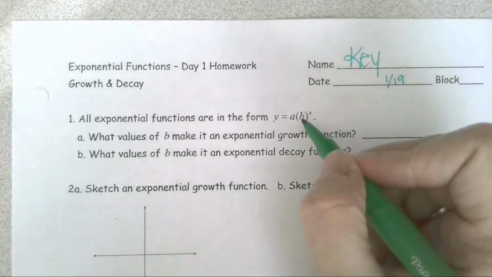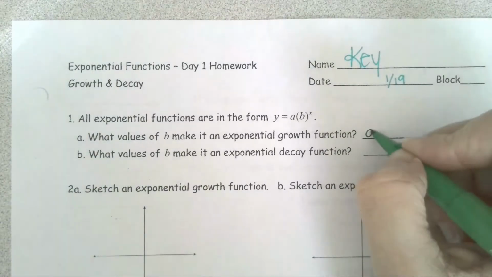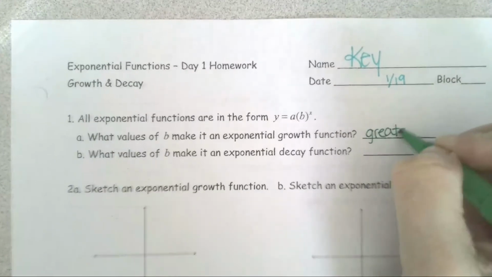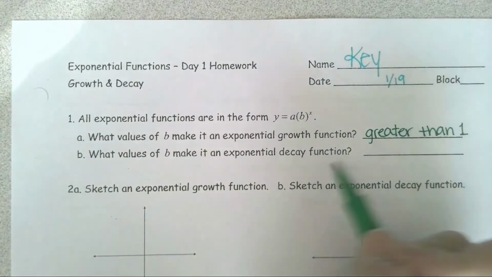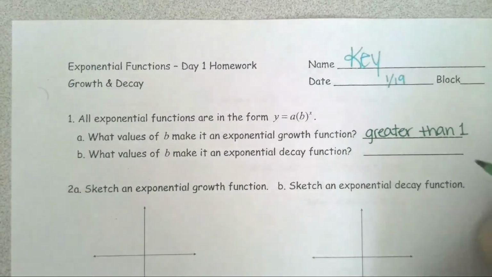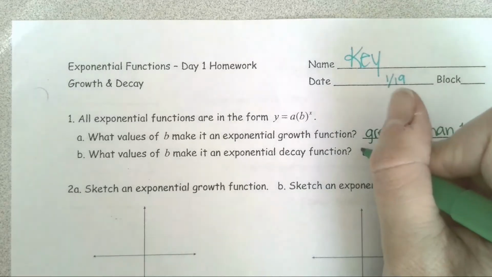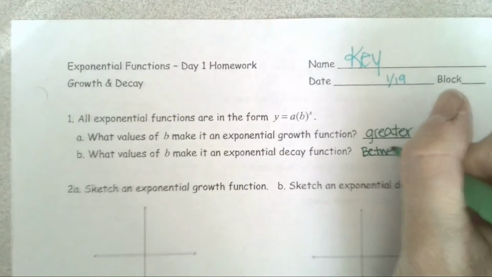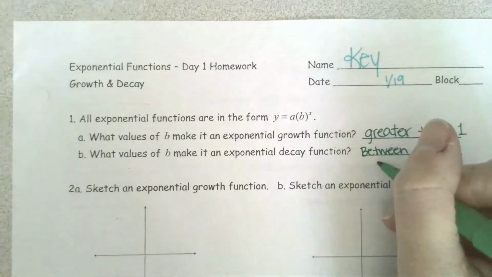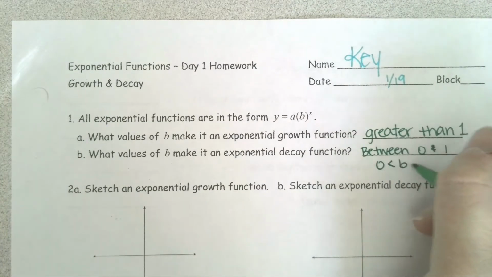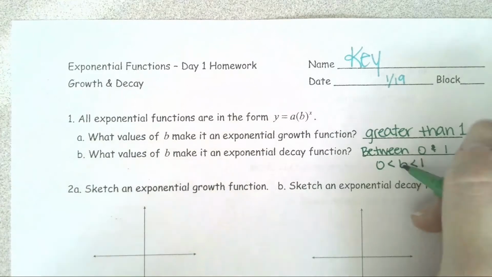So if b is greater than 1, anything above 1 is going to give us growth. Now for decay, it's not just below 1, but it's between 0 and 1. So we would say b is greater than 0 and less than 1.